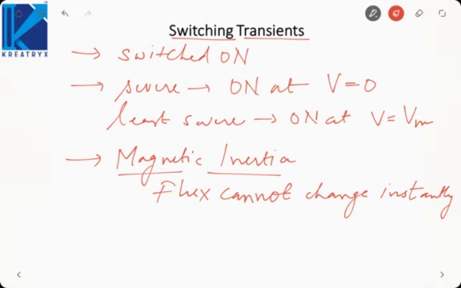Flux takes some time to change because any system or any inductor opposes the change of flux. Let us see what I was telling you, when the voltage has zero crossing and when it has maximum value. For that, first let us draw the waveforms of the flux and voltage.